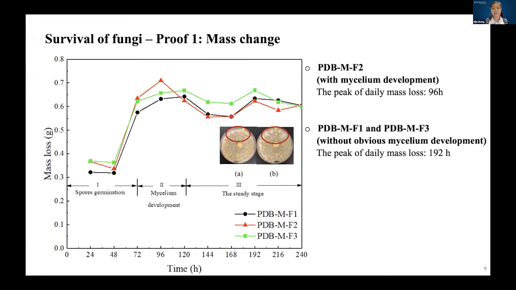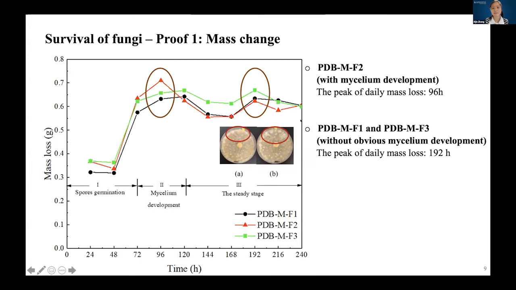Through the mass change trend in these 3 samples, we observe that the peak of daily mass loss in number 2 occurred at 96 hours, and at this stage the mass change is caused by mycelium development.